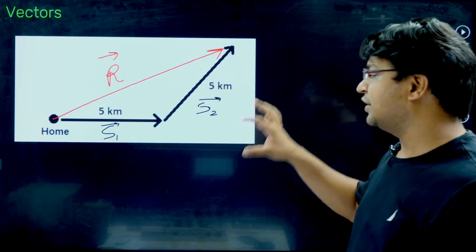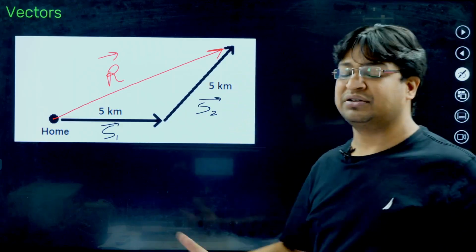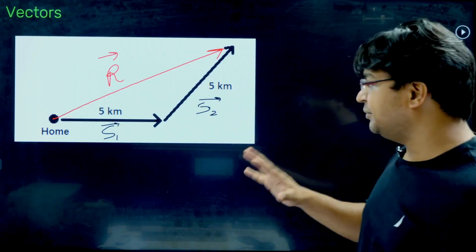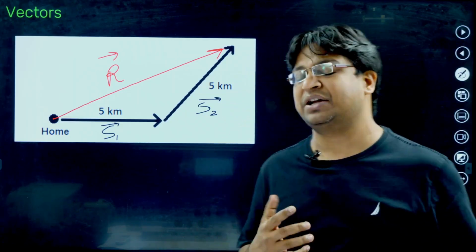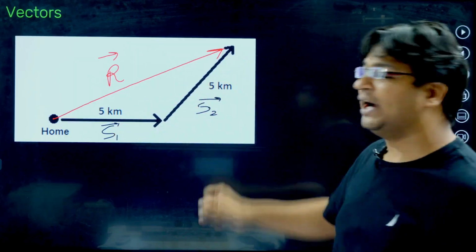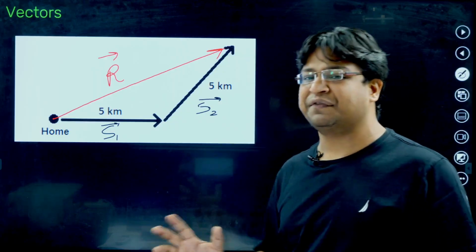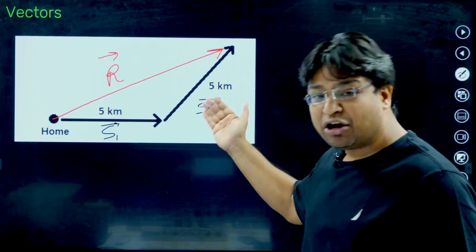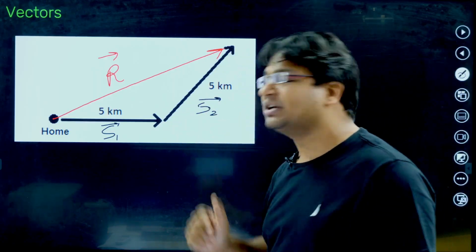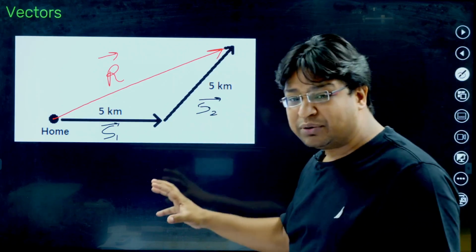So when we draw this figure, let me put in words what is happening here. We had two vectors to add, and we noticed that if we draw a figure in which the tail of one vector lies on the head of another, all right, we are trying to add two vectors.